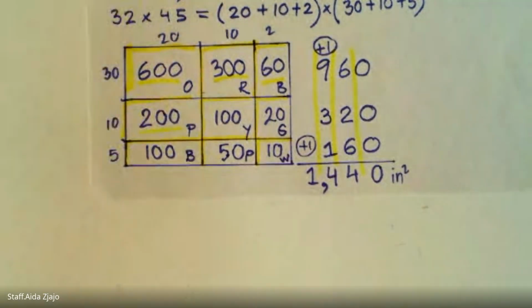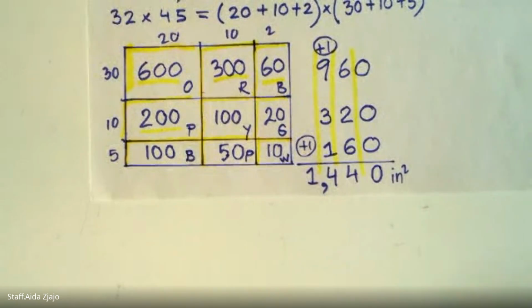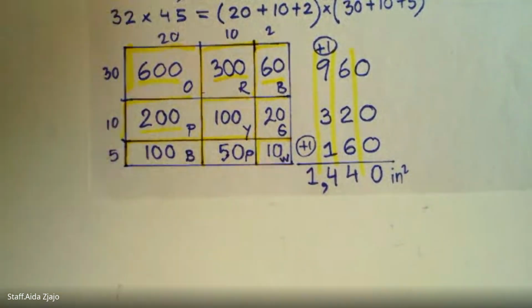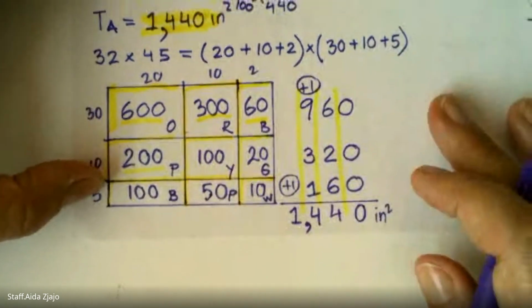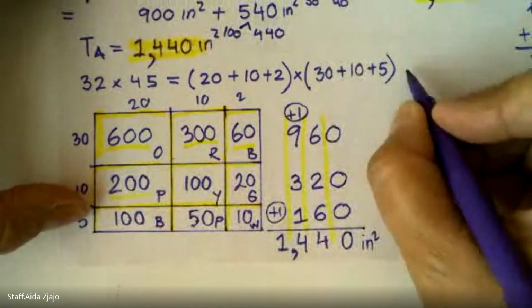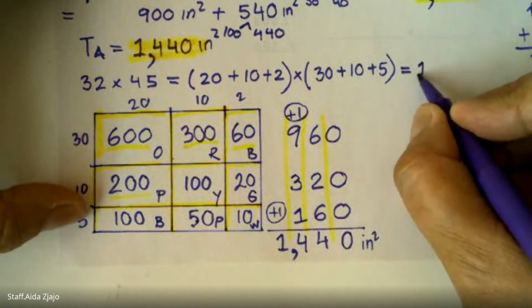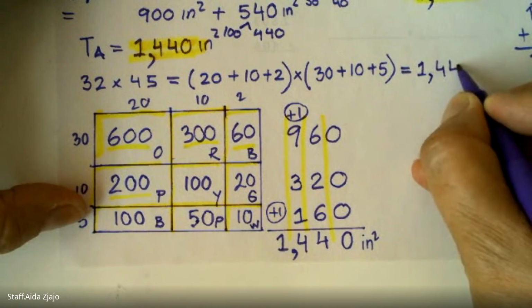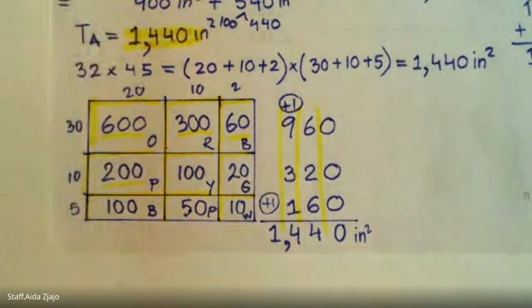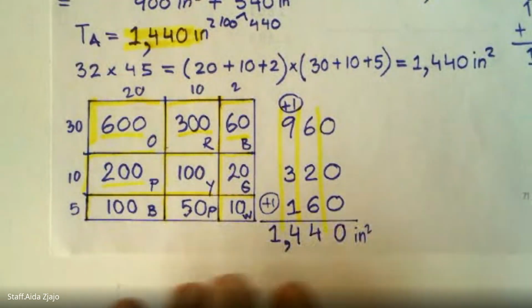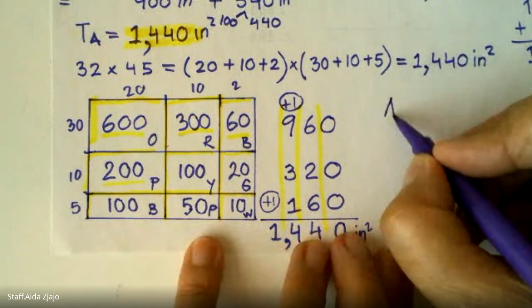So all different colors. So that could be another arrangement. And this also, if you multiply, will give you 1,440 square inches. And we have, my name is Aida, so this was Aida.